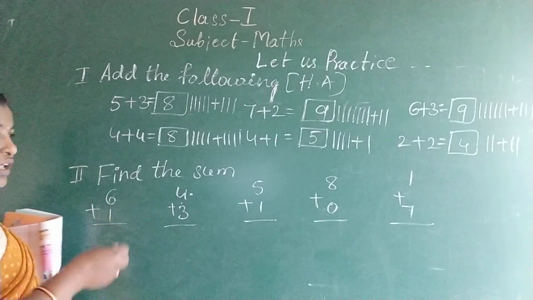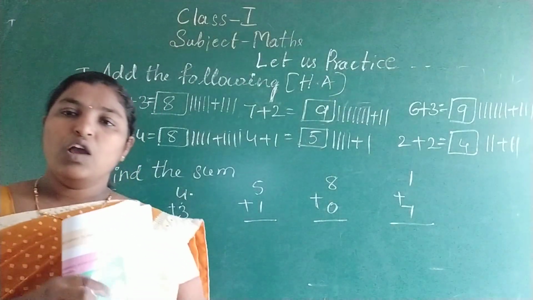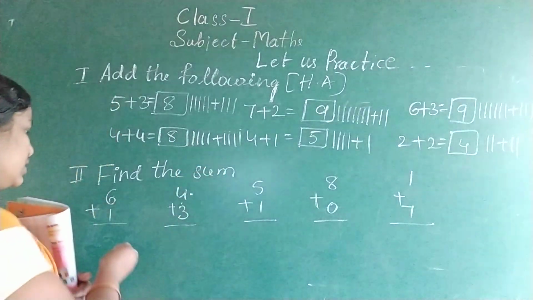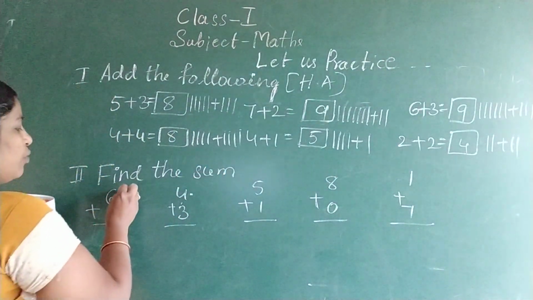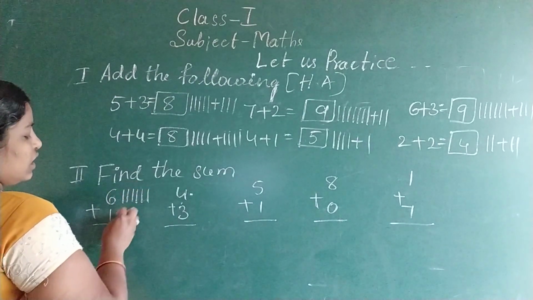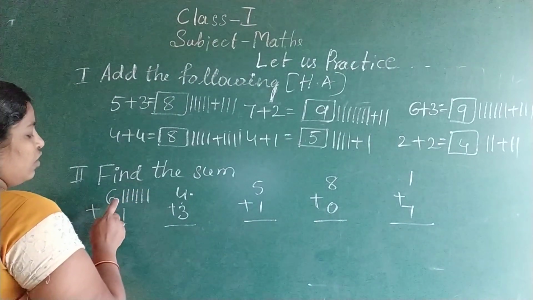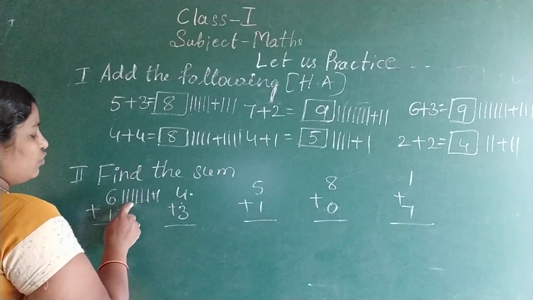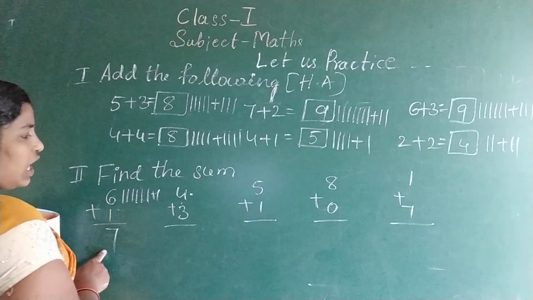6 plus 1. So 6 keep in your mind, 1 in your hand. 6, 7. So the answer is 7. Or put the lines, 6 lines: 1, 2, 3, 4, 5, 6. Then plus 1. So altogether 1, 2, 3, 4, 5, 6, 7 is the answer.